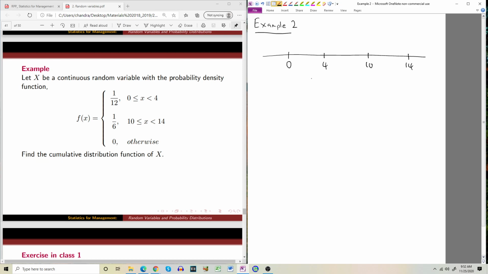Now remember, the function 1/12 is only from here to here, and 1/6 is only from here to here. The function in other intervals apart from this is 0. You have to remember that. So if I split these, how many intervals do I have? Of course, here infinity, here negative infinity. I have one interval.